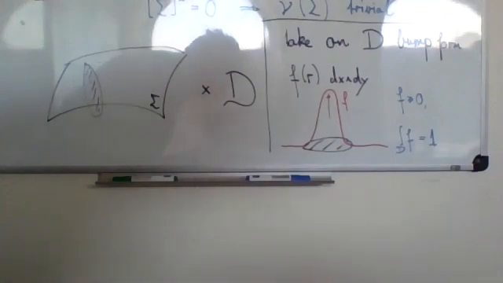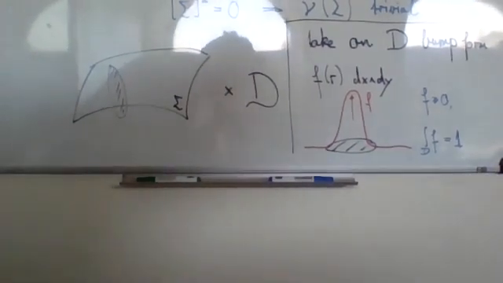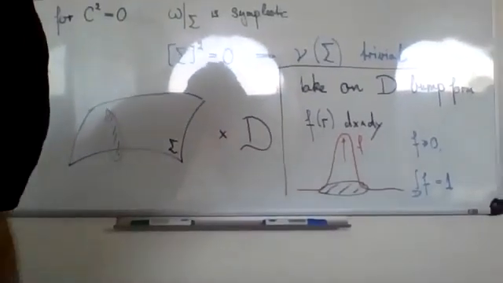So this is a 2-form, and it's of course closed, and it's called beta. So we get the closed 2-form beta on the manifold.